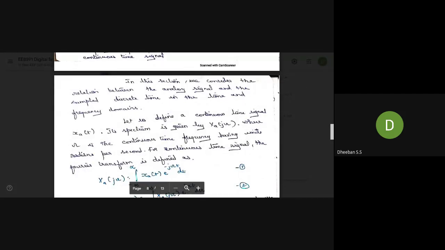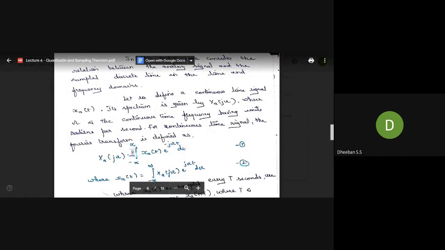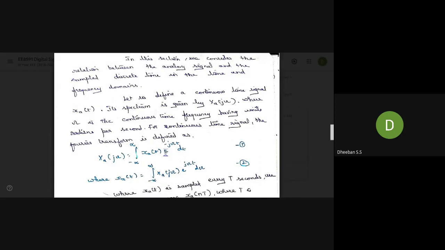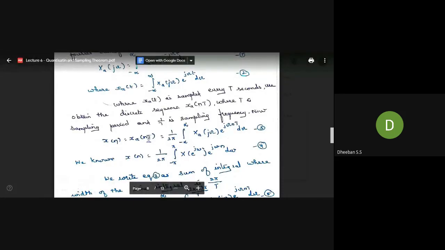Next, they will be taking the signal in continuous time, showing how the signal is represented in the continuous time period. After that, they will take the same signal in its discrete form.